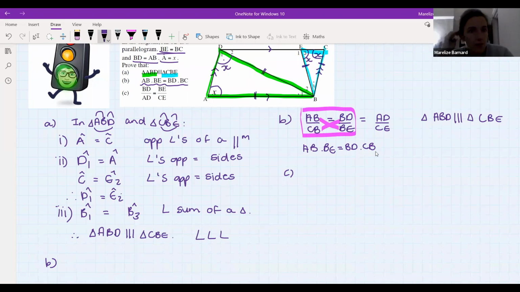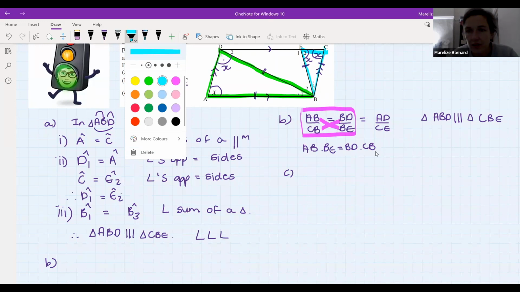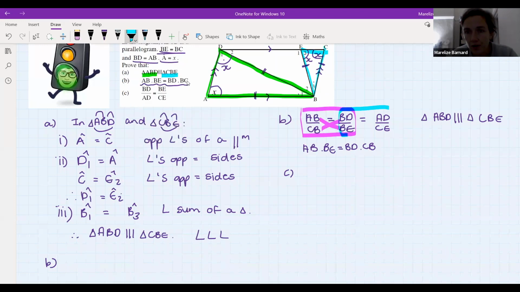Let's see. BD over AD equals BE over CE. Now already you can see that we are going to need to use this combo of sides. We have BD, BE, AD, and CE. That combo of sides together, now it's just a matter of juggling.